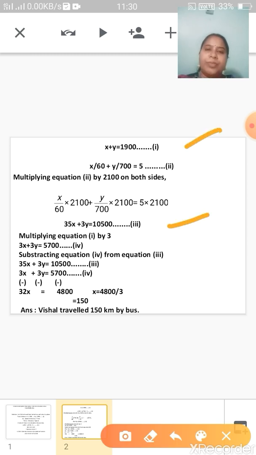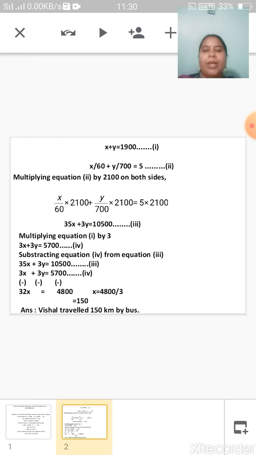Now how to solve it? Looking at this, it is easy to equate the coefficients first and then eliminate. So here I can see 3y. I will get 3y here also by multiplying equation number 1 by 3. So that is my next step. Multiply equation number 1 by 3.